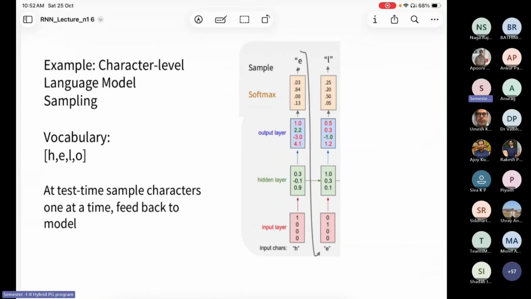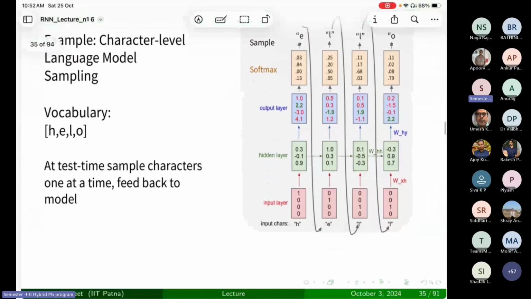So going here again, you generate the state, output again. Suppose it has given you L, because this is having the maximum probability. Now L will be given as an input for the next step.